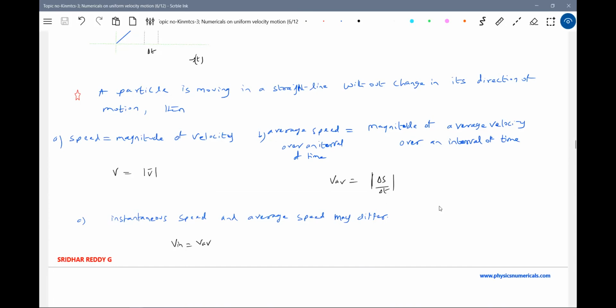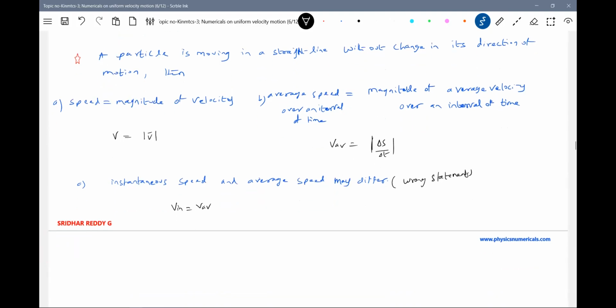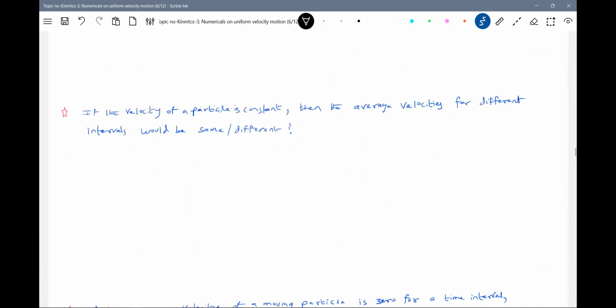Look at this statement: the particle moving straight without changing the direction of motion, then instantaneous speed and average speed may differ. It's a wrong statement.